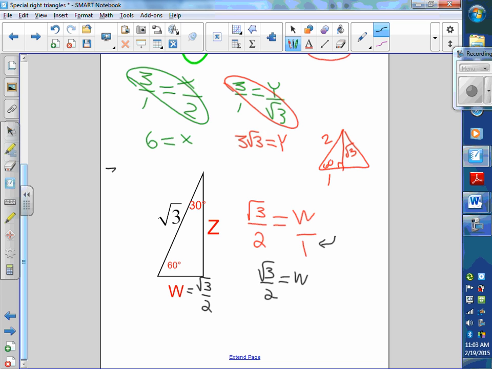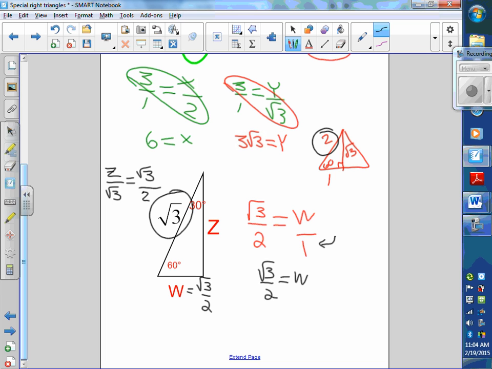And then Z, we have to find. So Z compares to root 3. It's confusing which one is 3. So I'm comparing the square root of 3, which is the hypotenuse, to the hypotenuse, 2.